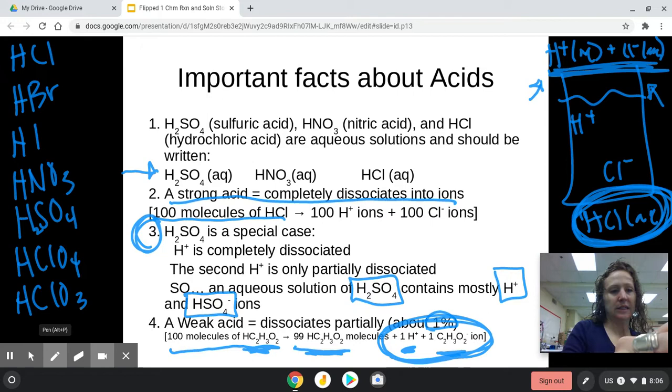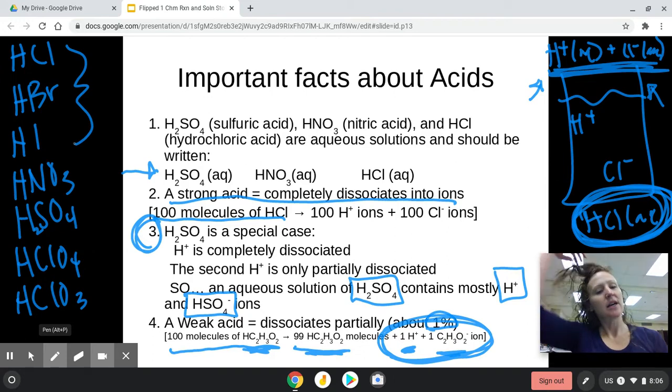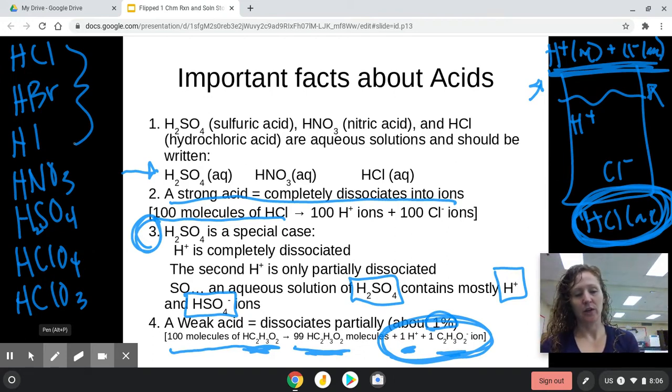So the hydrohalides, the acids that come from the halogens, and then you have nitrate, sulfate, chlorate, perchlorate. Notice hydrofluoric acid is not on there. Hydrofluoric acid is a weak acid. Also notice that phosphoric acid is not on there, and neither is carbonic acid.